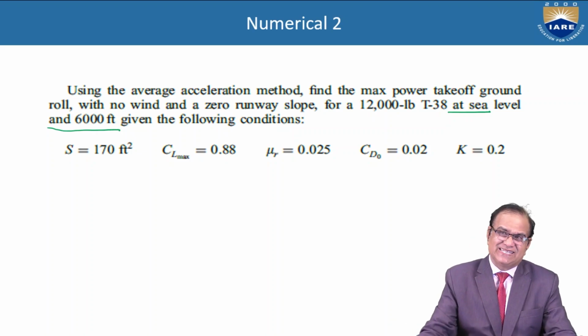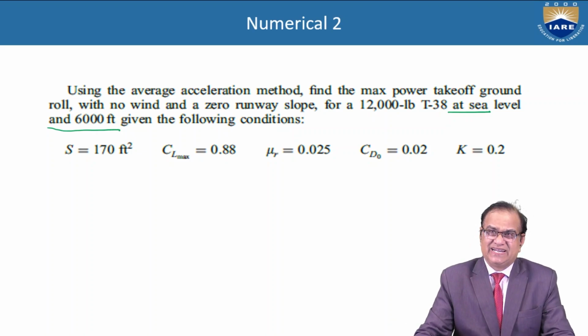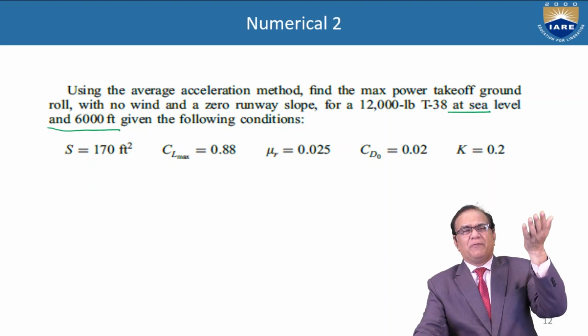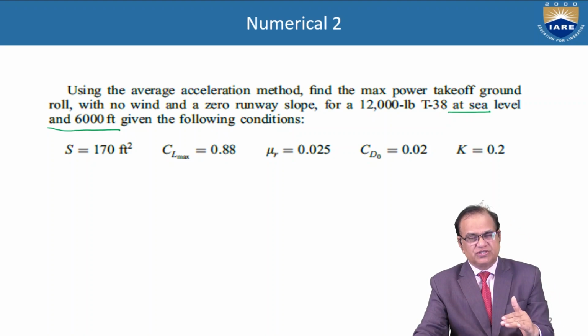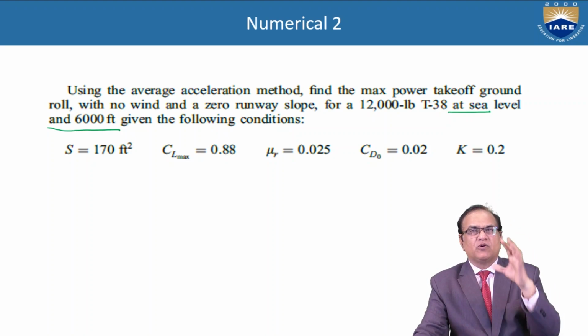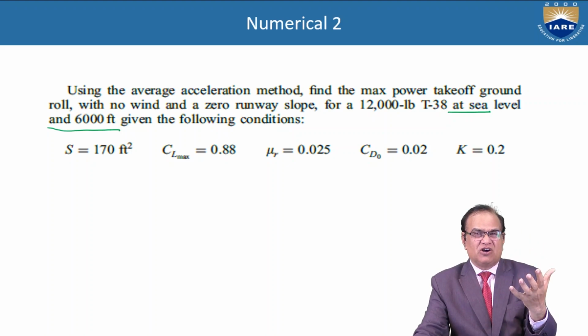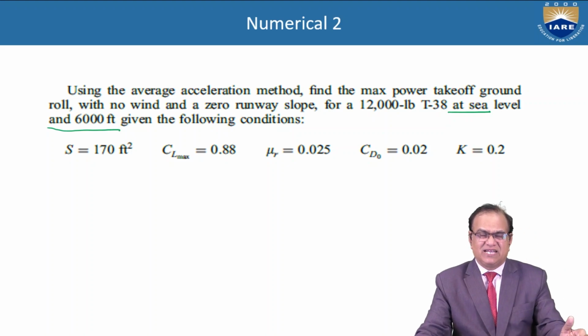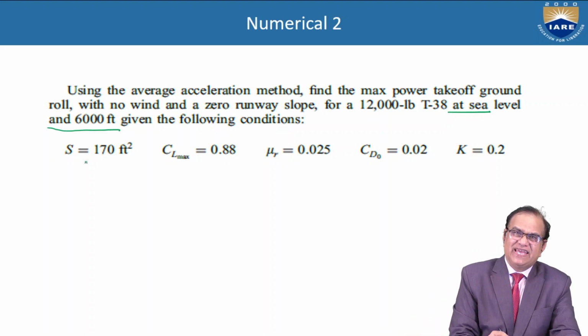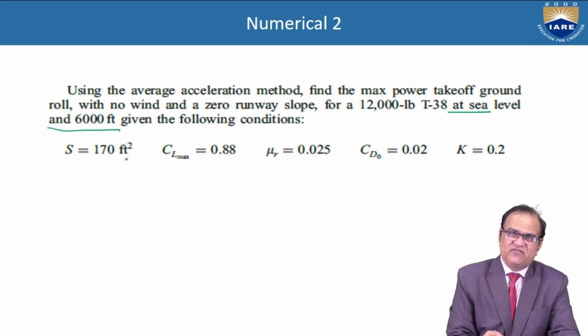So in this only density will vary, rho will vary. This we know that at sea level the density of the air is 1.225 kg per meter cube. As you go up and up, this density will reduce. So for the sea level and for the 6,000 feet we can find rho from the table. Here the area is 170 feet square.